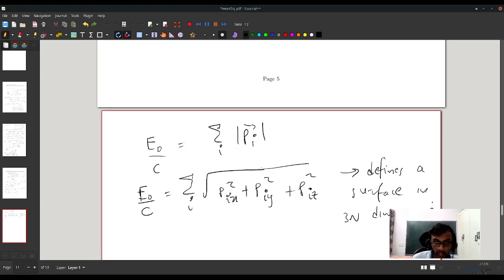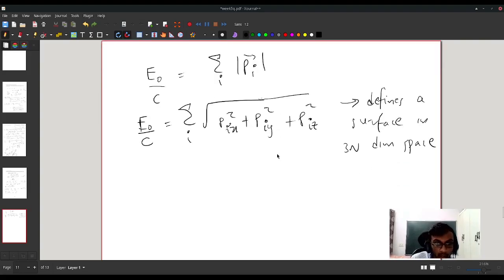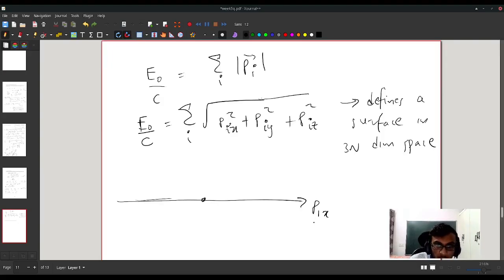So we can again do the same kind of dimensional analysis that we did, and try to estimate the dimensions of this volume object in various directions. If you look at where this surface intersects, let's say, the P1x axis, that is simply going to be E naught by c.